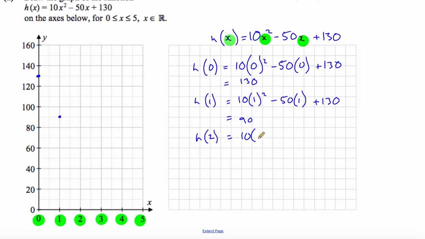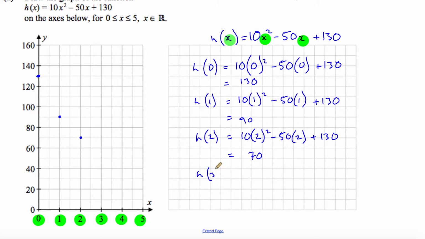That is 10 bracket 2 squared minus 50 times 2 plus 130. So 2 squared is 4, 10 fours is 40. So 40 minus 100 is minus 60. And minus 60 plus 130 is 70. So at 2, we're going to go up to 70.